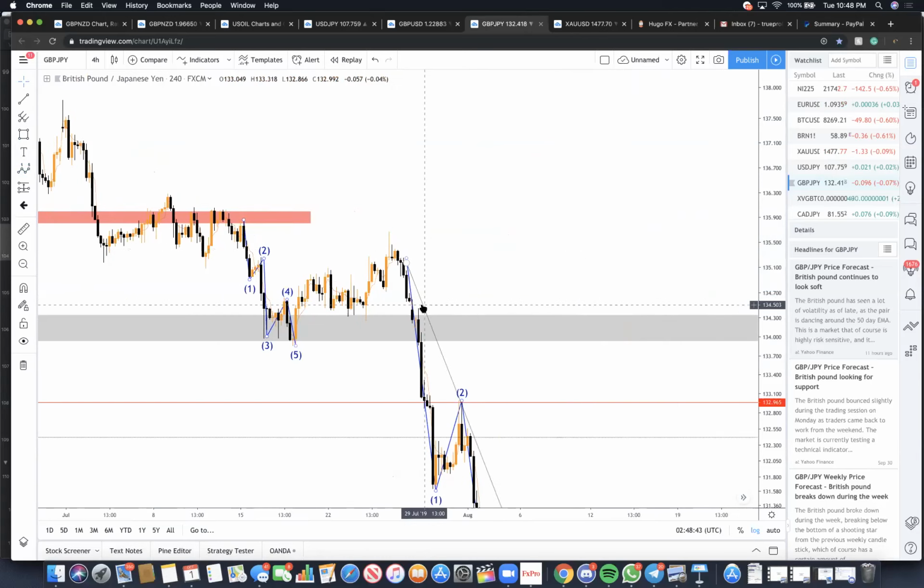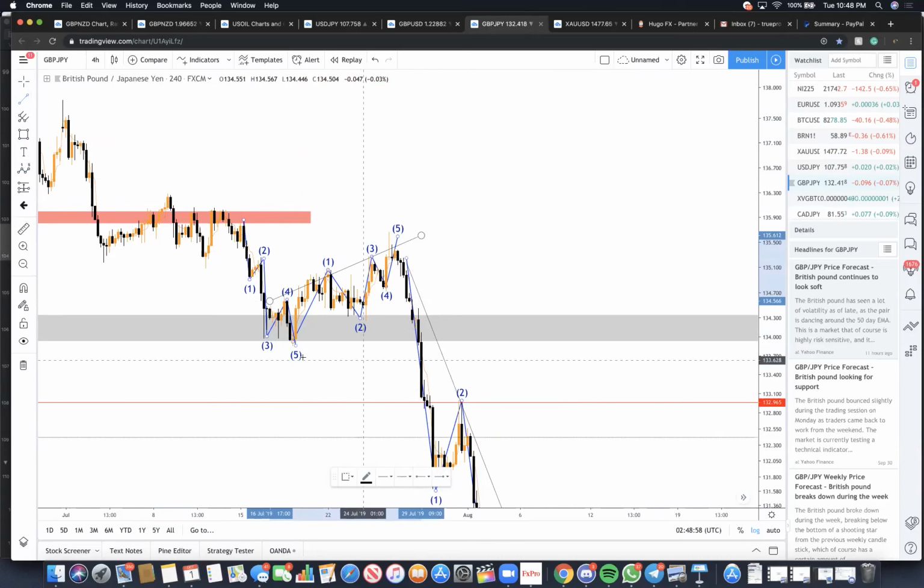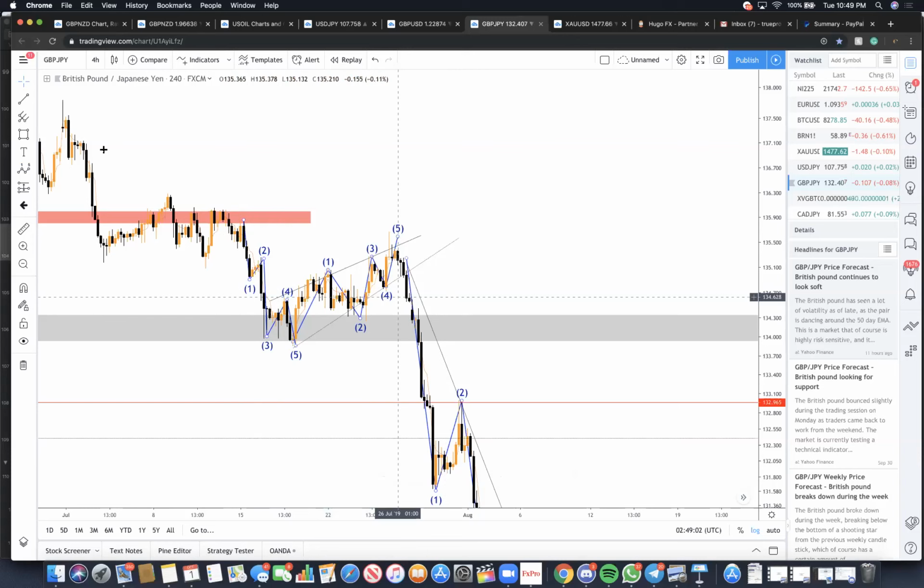Now we're going up. Market went up, right? Here's my first move, second move, third move, fourth move, fifth move. When the market created that ascending channel or that rising wedge, right? After dropping, then the market went down.